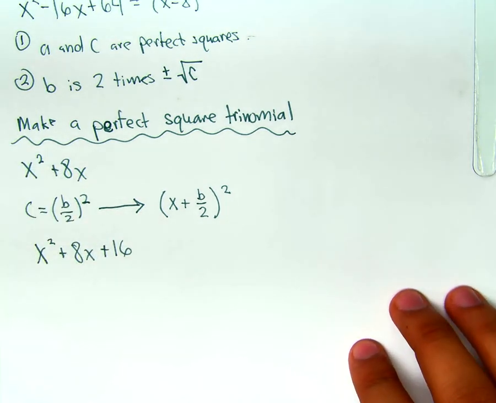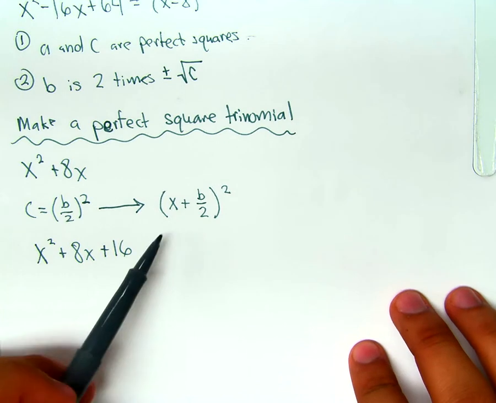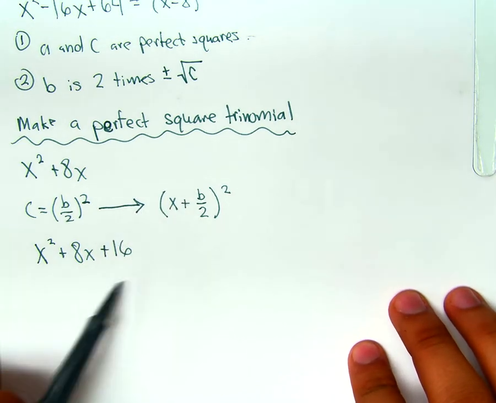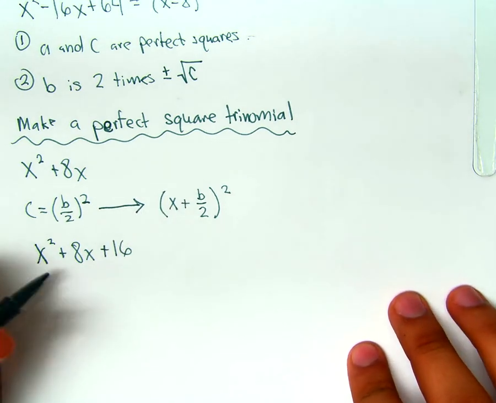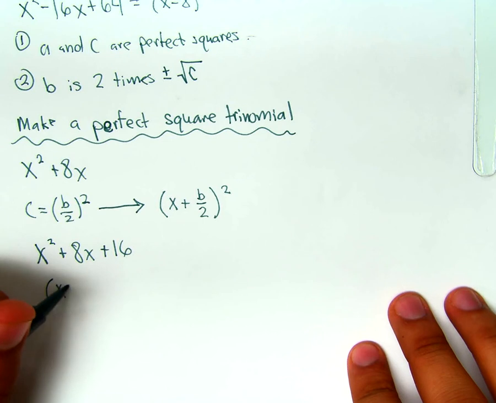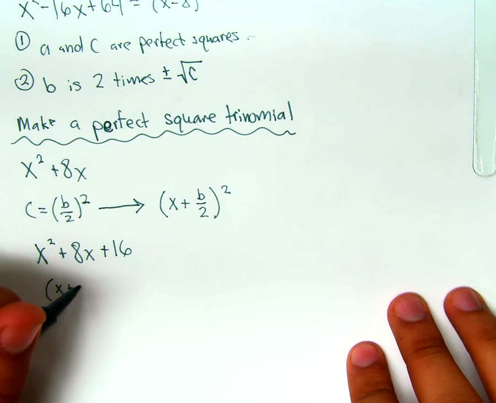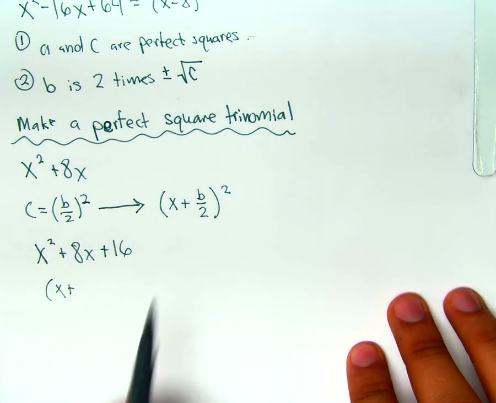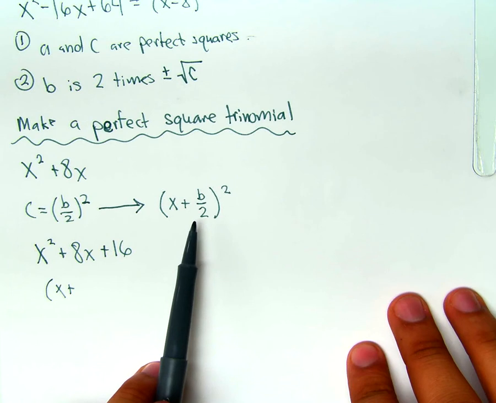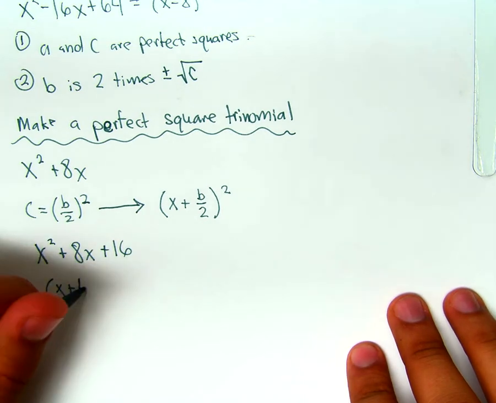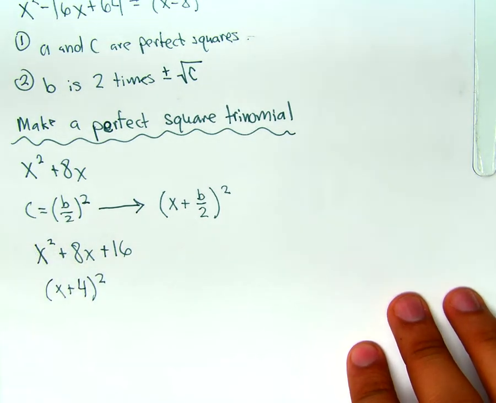Okay? And once we add our c, we can write this trinomial as a binomial squared. So that will become x plus what? What's b over 2? 4. X plus 4 squared. Okay?